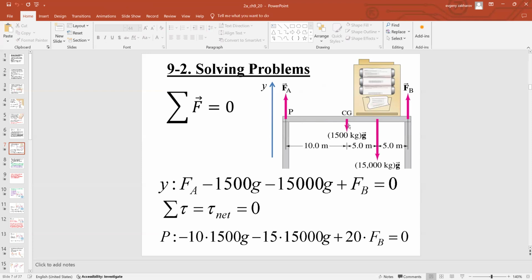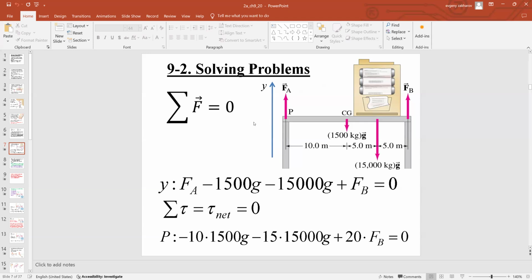So the table also has some kind of mass that you have to take care of, the load from the printing press, and two normal forces from the table that we are looking for.